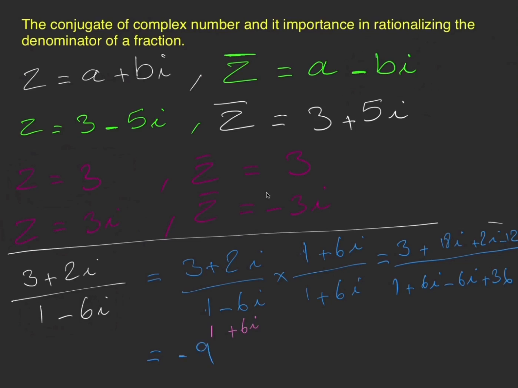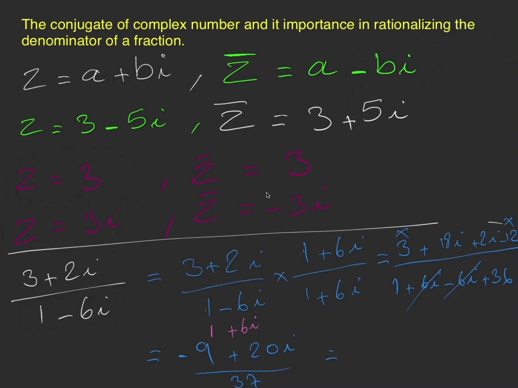So the answer for this is going to be minus 9 plus 20i over 37, because the imaginary terms in the denominator are going to go out, they cancel.